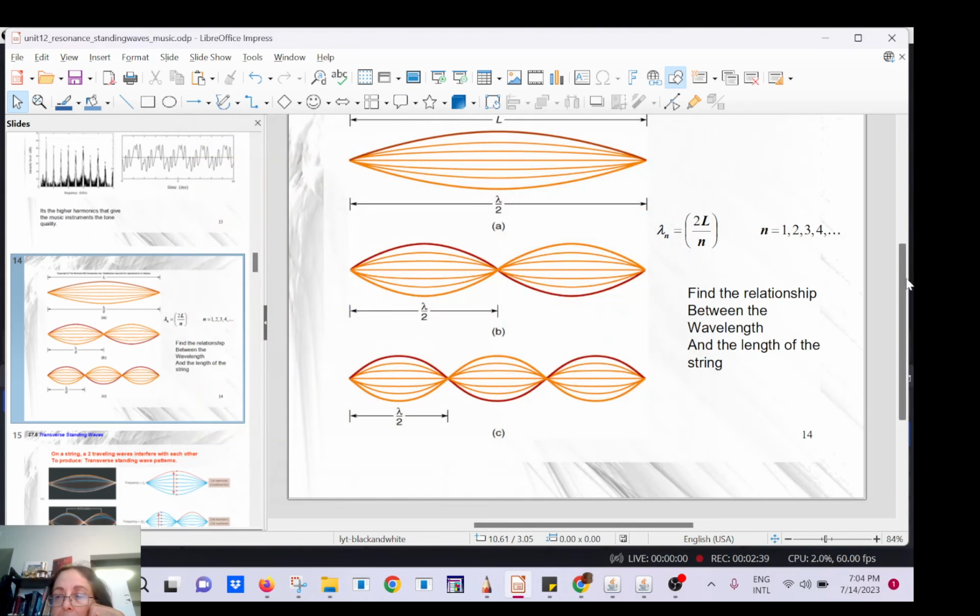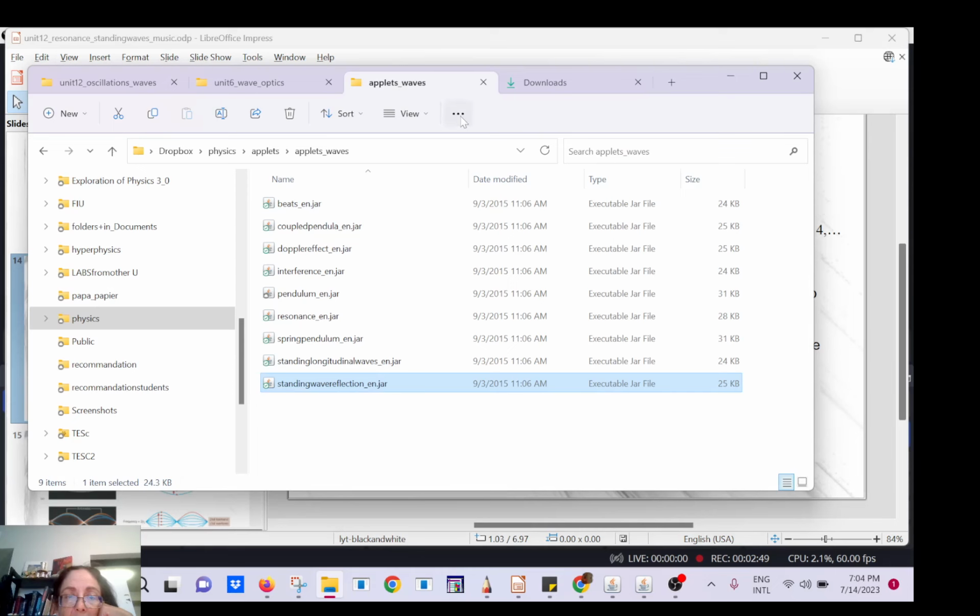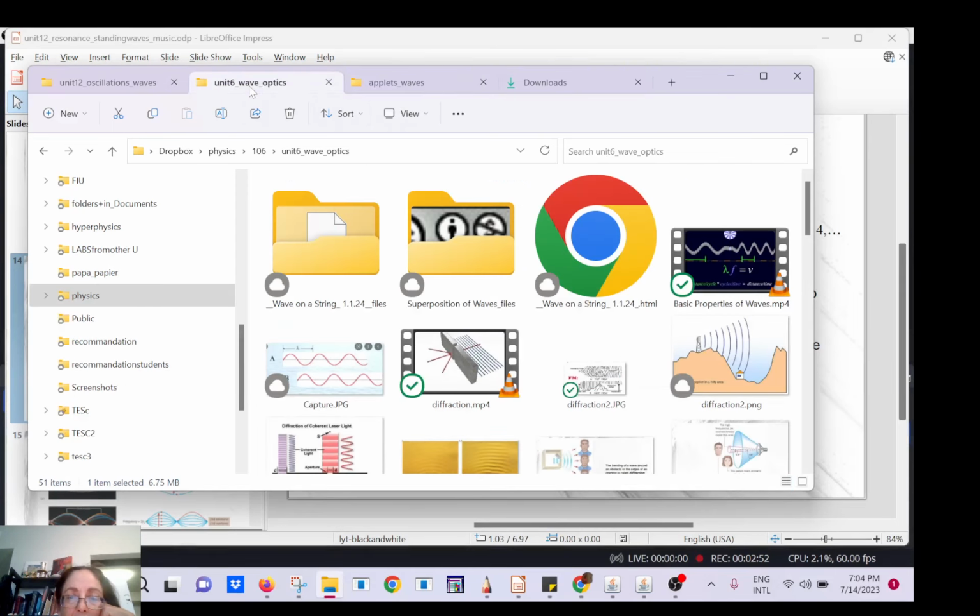The other thing I wanted to show you is how a standing wave comes to be. It comes to be because of something we call interference, which means when you have two waves. Let me find the simulation.